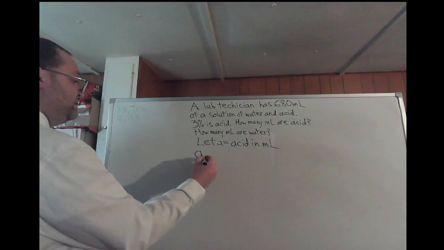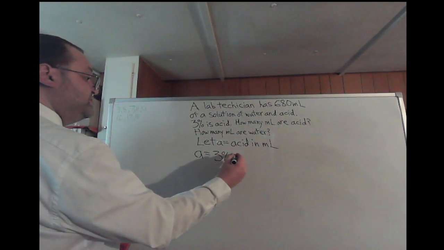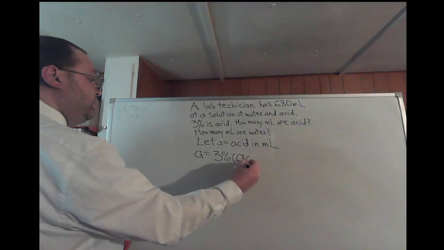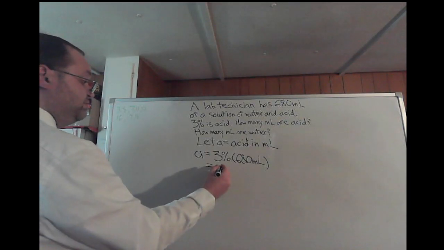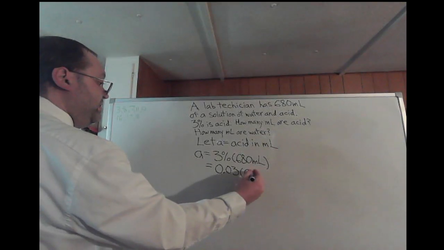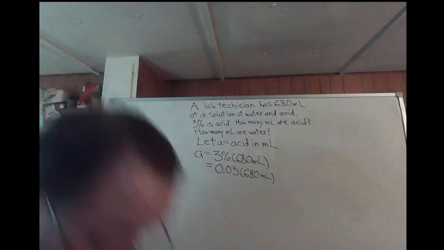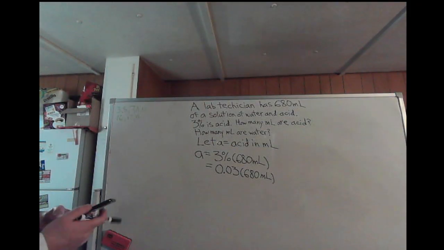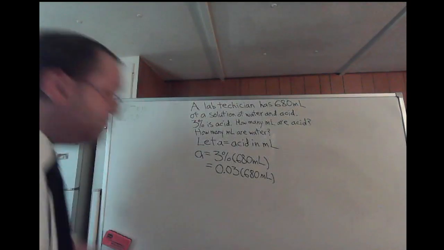So your acid content is equal to 3% of the 680 milliliters, which would be equal to 3% as a decimal, 0.03 times 680 milliliters. Alright, so now we need to take our 0.03 times 680. We'll get the answer to how many milliliters of acid there are, which equals 20.4.